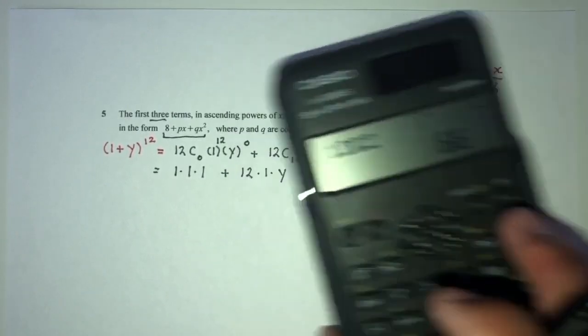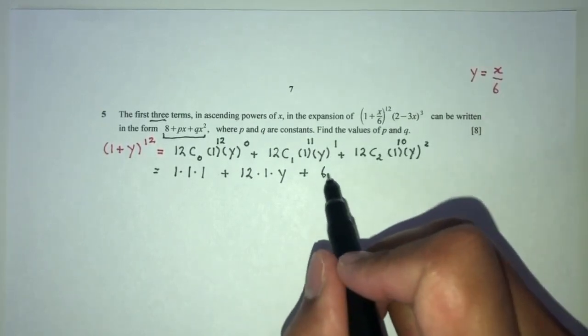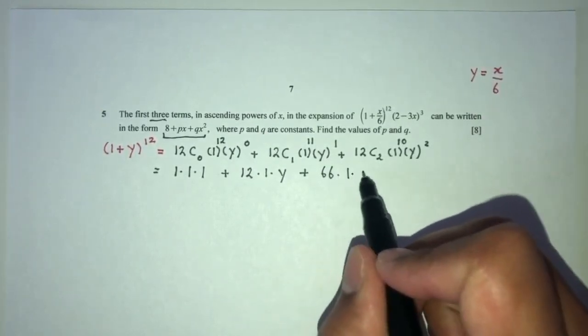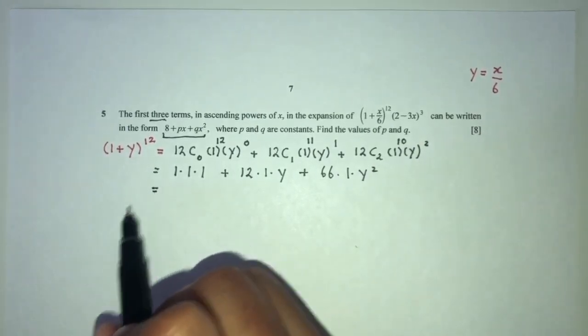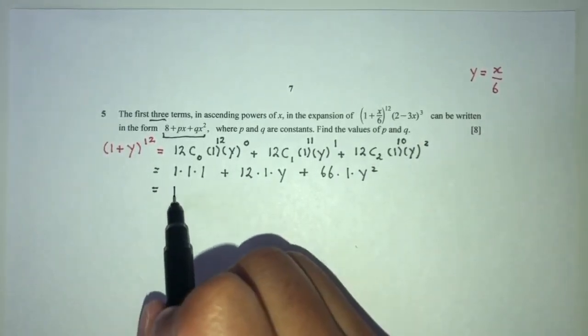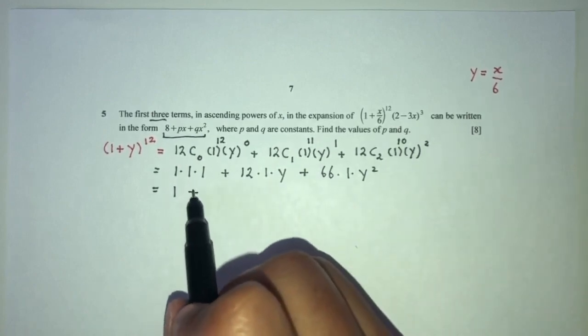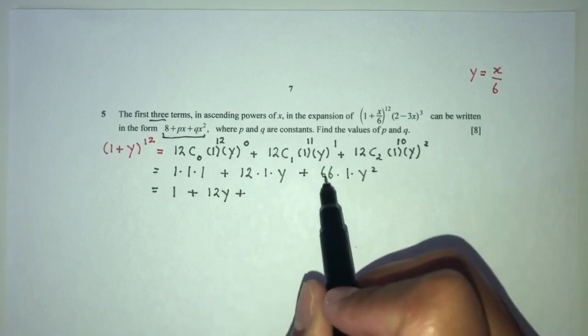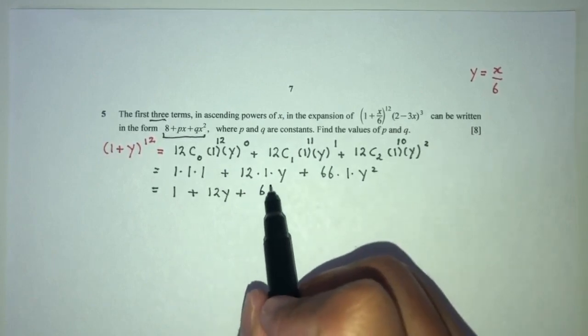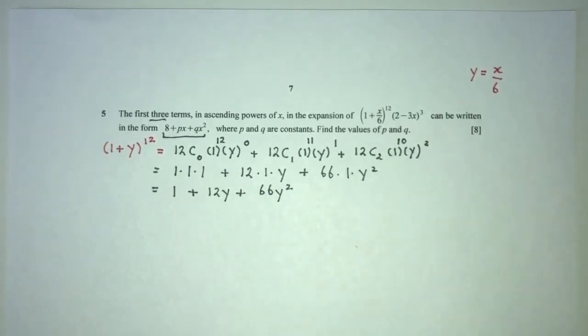That will be 66. So 66. That will be 1, and that will be y squared. Now simplify again, obviously, so 1 times 1 times 1, that will be 1, right? 12 times y will be 12y, plus 66y squared.